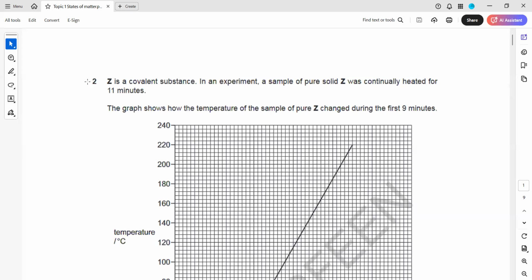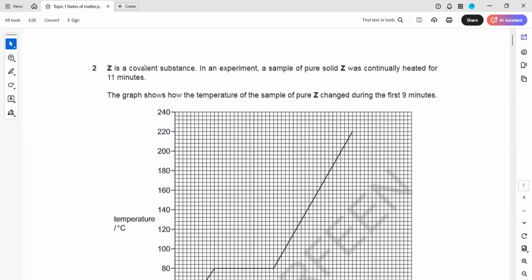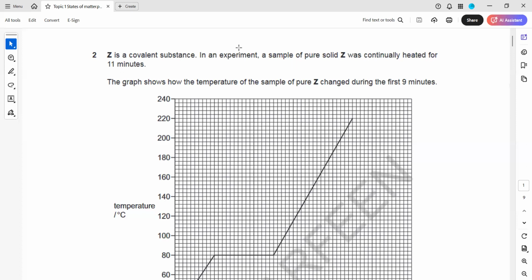Now, Z is a covalent substance. We will discuss that there are different types of substances. A sample of a pure solid Z is continuously heated for 11 minutes.